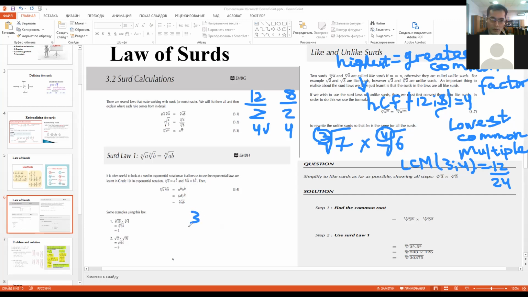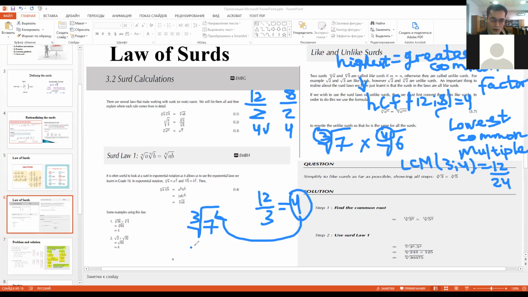For example, we need to divide 12 by 3. You divide the lowest common multiple by 3, and you will get 4, right? And multiply this here, I mean the exponents, make the exponents under the root.